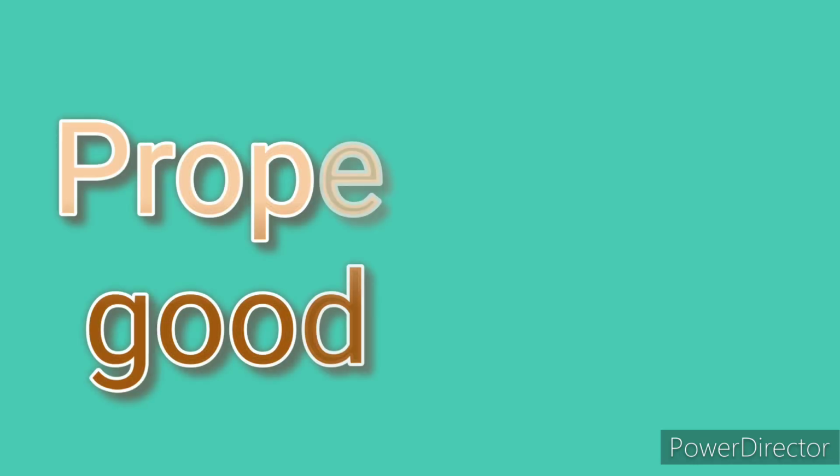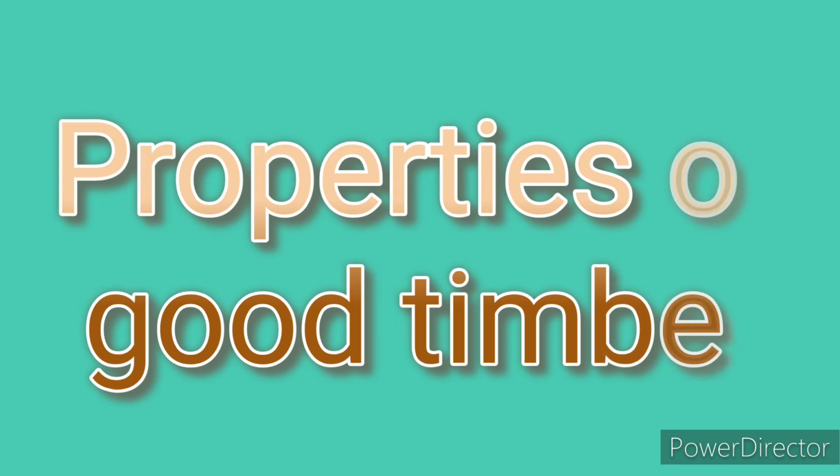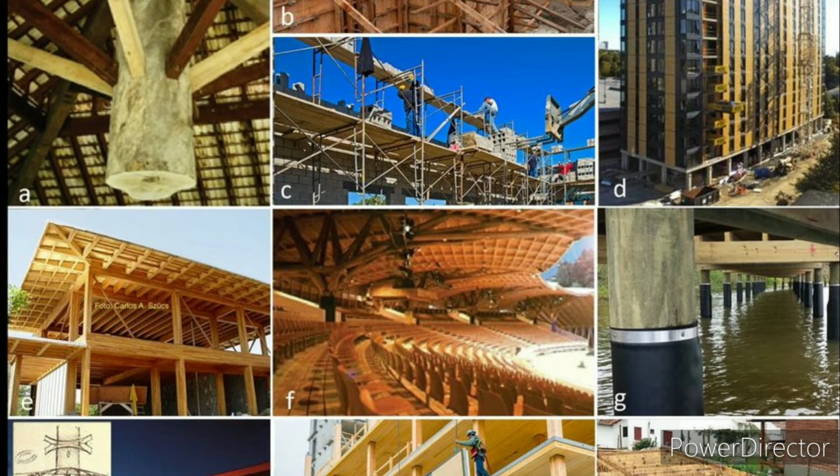And now we are going to look at the properties of timber. Timber is a piece of wood that is used for various domestic and industrial woodwork. Timber as a building material possesses a number of valuable properties. These are the items we are going to look at in this topic.